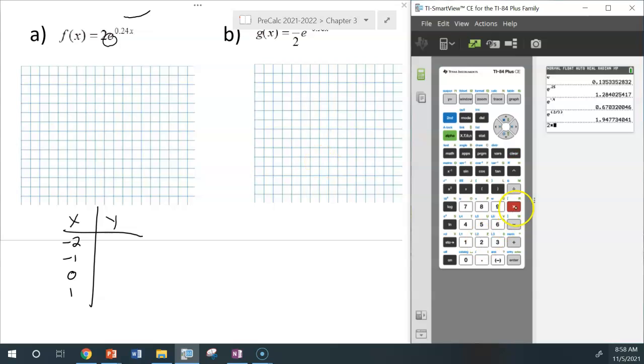I want to do 2 times second natural log. That gives me the e. And I want 0.24, and I'm going to times that by -2. And I got 1.238.